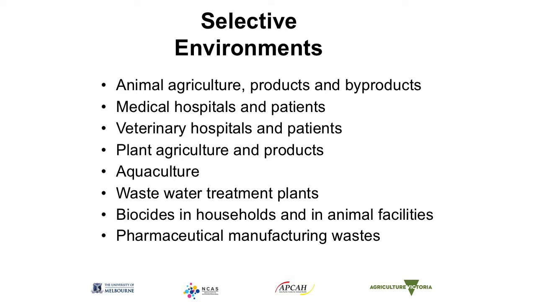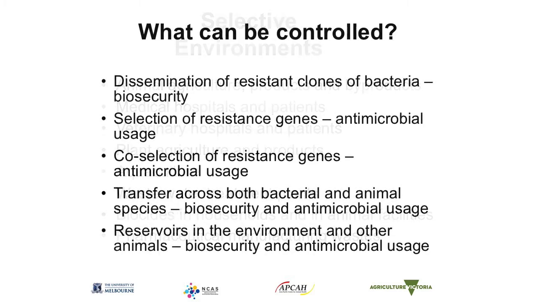There is also a selective effect of biocides like disinfectants and heavy metal ions when they are used in households and in animal facilities, and these can select not only for resistance to these disinfectants and heavy metal ions, but also co-select for resistance to the therapeutic antibiotics that we are mainly concerned about. And lastly, there can be quite heavy contamination around pharmaceutical manufacturing sites, particularly in the wastewater that is discharged from pharmaceutical manufacturing plants, although this is most commonly a problem internationally rather than within Australia.